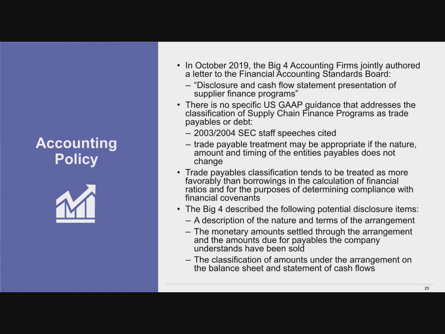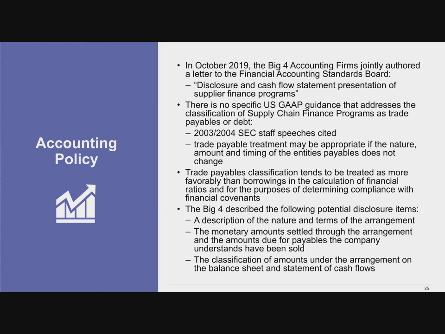In October of last year, the Big Four accounting firms jointly authored a letter to FASB, and that letter was labeled Disclosure and Cash Flow Statement Presentation of Supplier Finance Programs. In other words, how should these programs be represented in the cash flow and the balance sheet of corporates?